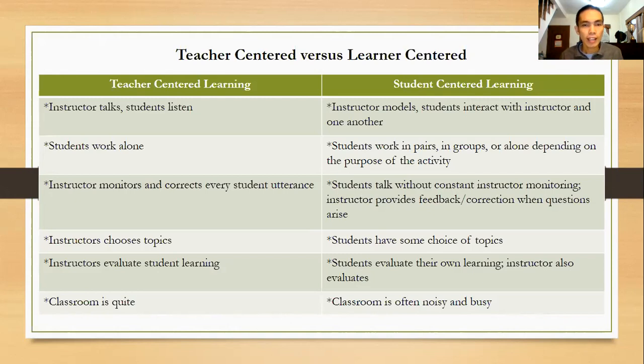The next one is that the instructor chooses topics, while students have some choice of topics. And the next one is that the instructor evaluates student learning. That is normal, so the instructor needs to evaluate student learning.